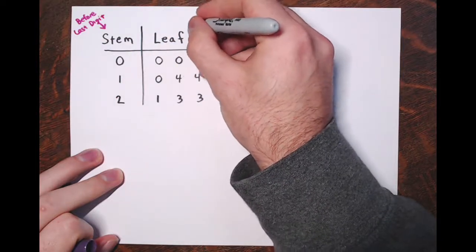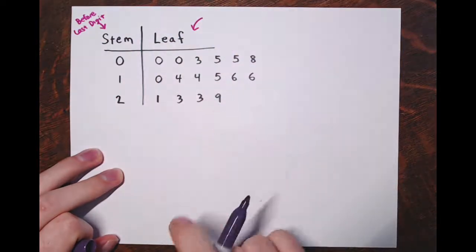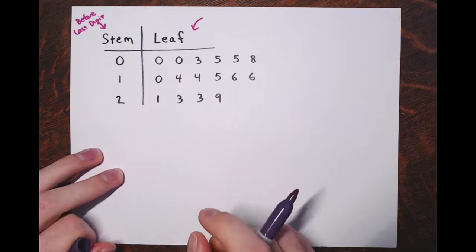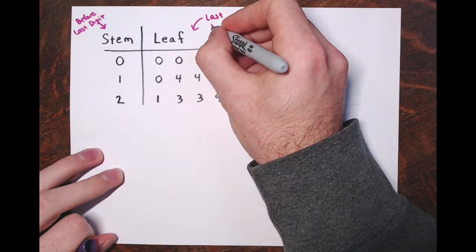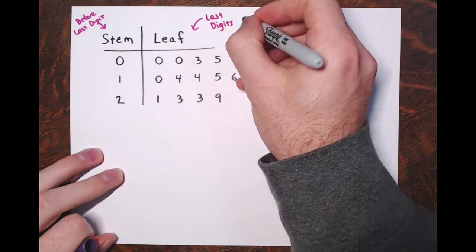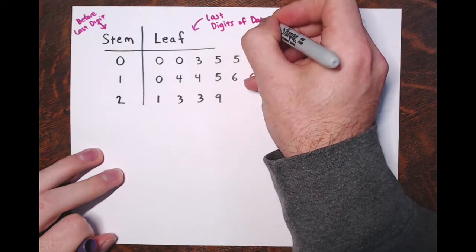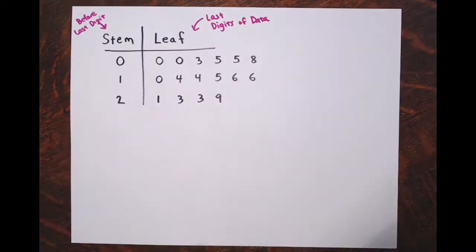And the leaves, right, all these numbers over here, will represent the final digit of some data value, or the last digits of the data. Right. So from this stem and leaf plot, we can recreate the data set.